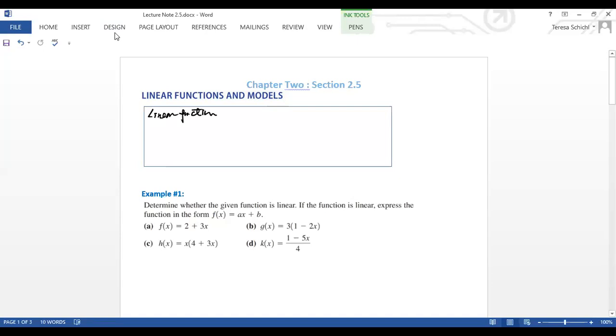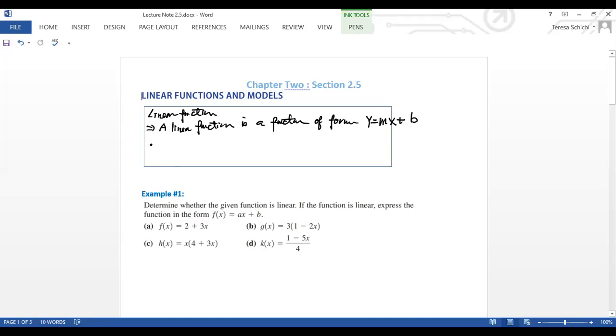A linear function is a function of the form y equals mx plus b. It's a form we're very familiar with.